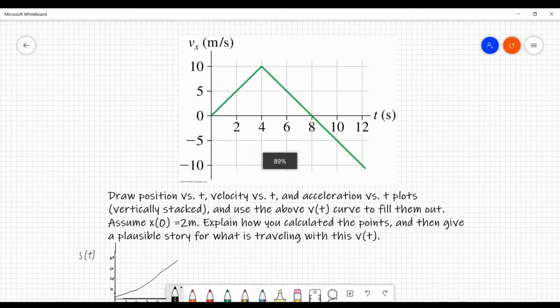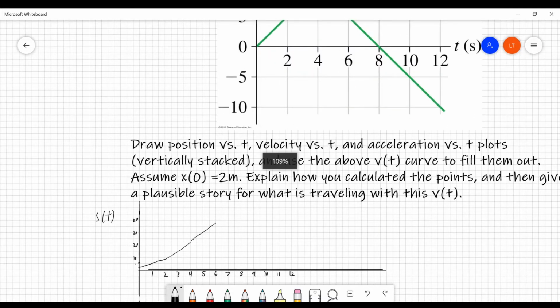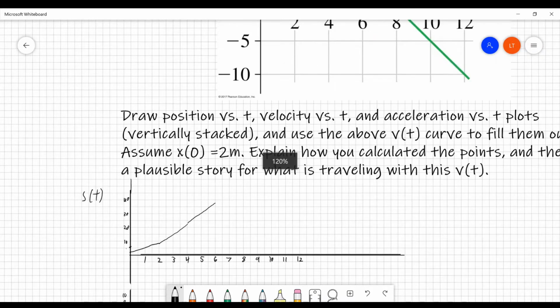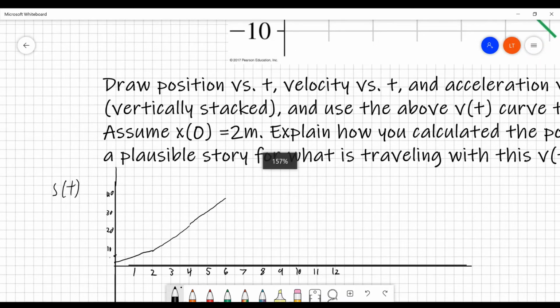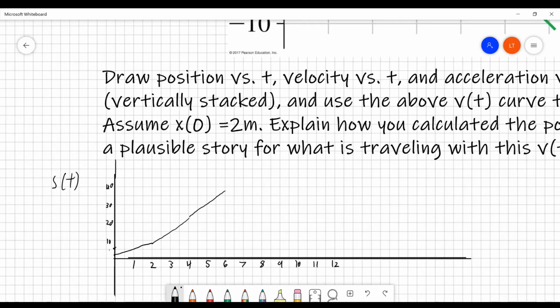And then at 8 we have another 5. So at 8, 37 plus 5, 42.